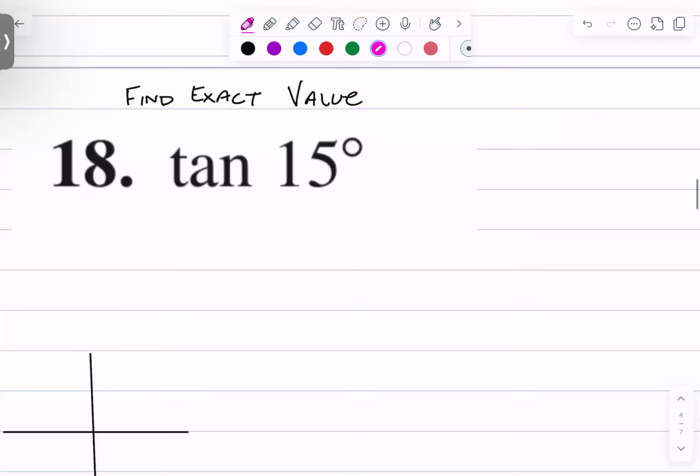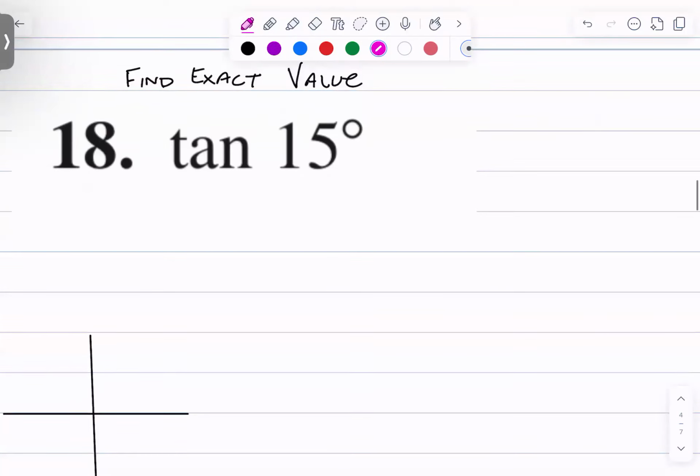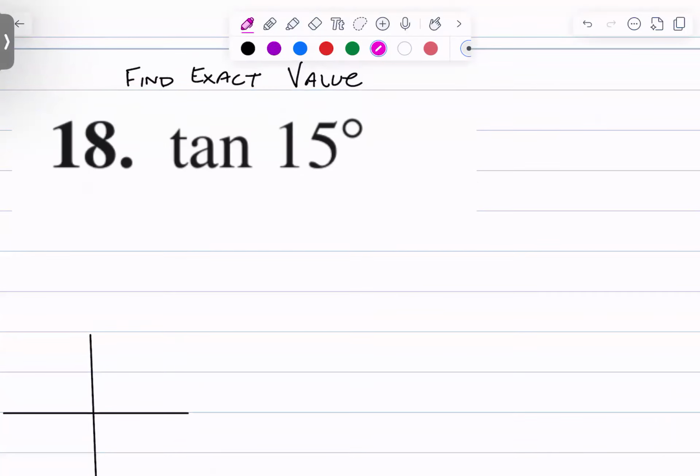Find the exact value of tangent of 15 degrees. Now remember, 15 degrees is not one that we know right off the bat. So we're going to use the half angle formula to figure this out.